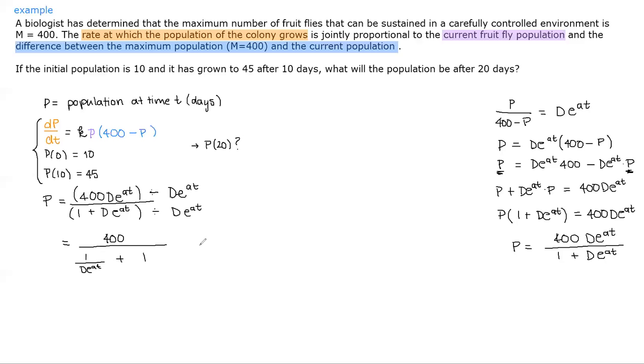This looks more complicated, but if I write now 400 over here, I'll still have my plus 1 there. This is the same as writing 1 over d times e to the minus at, right? Because e to the at at the denominator of an expression is the same as e to the minus at, and I can rename 1 over d some other letter.